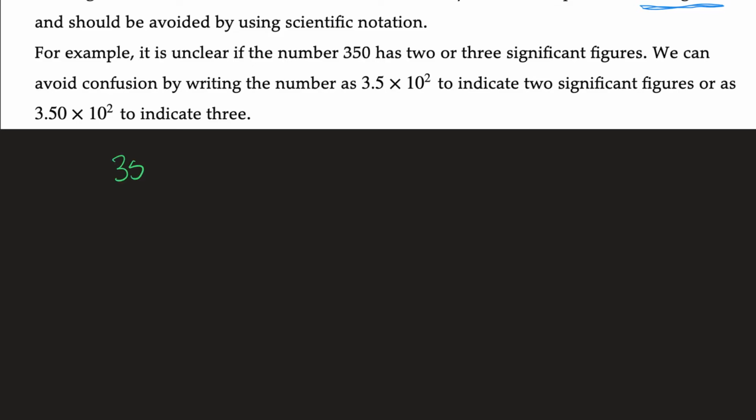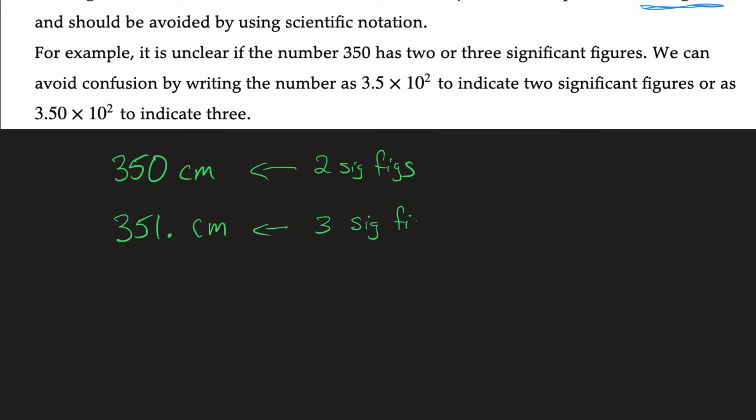If there is a measurement 350 centimeters, and this measurement 350 with a decimal point centimeters, I'm going to say that this is 2 sig figs. Sig figs is my abbreviation for significant figures. And that this one represents 3 significant figures.